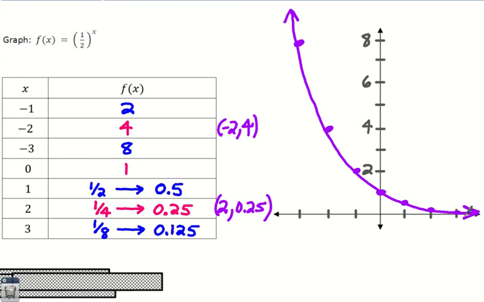But as you plug in larger values like 4, 5, 6, 7, 8, 80, 800, 8 million, you're just getting closer and closer to 0, but never actually hitting it. So make sure to include this horizontal asymptote. And that's what that graph looks like. It's also exponential, of course.